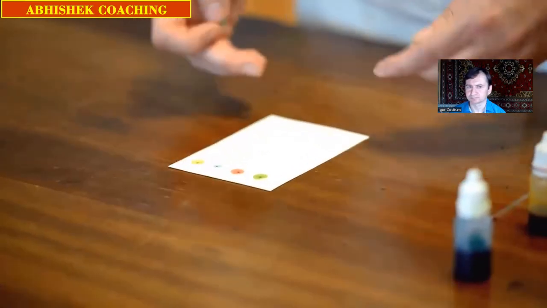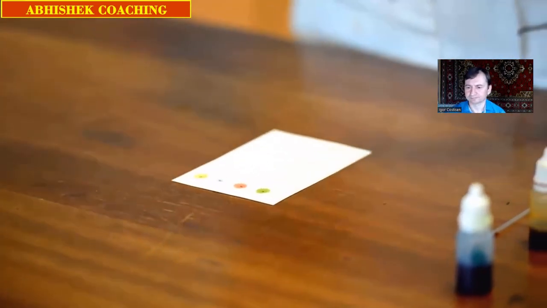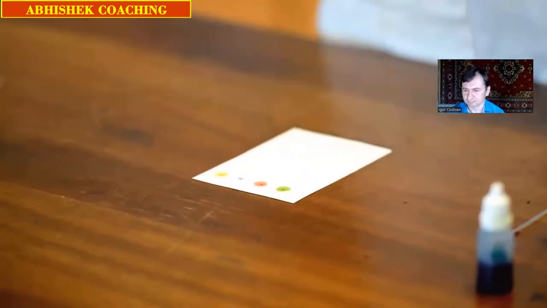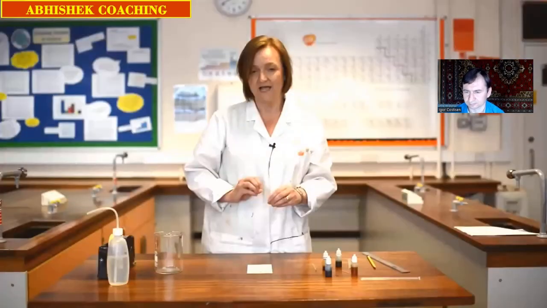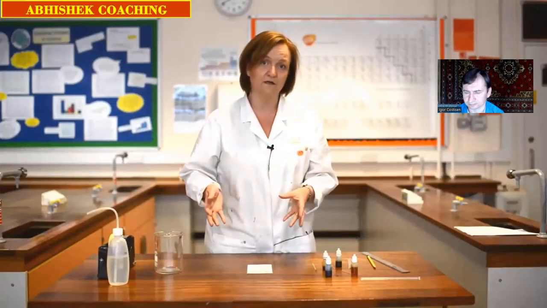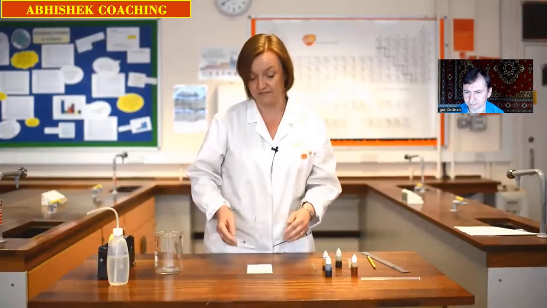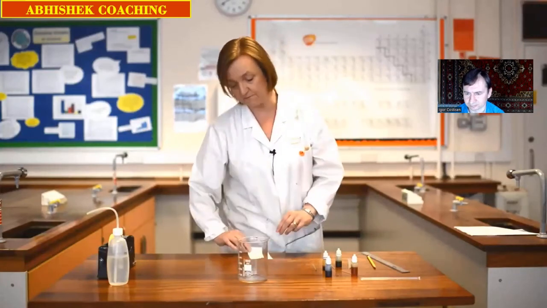And as it does so, the colours in the food dye are going to either want to dissolve into the water and move with it, or stay on the paper. And it's their relative affinities for either moving with the water or staying on the paper that makes them separate out. So I'm going to put the water into the beaker.